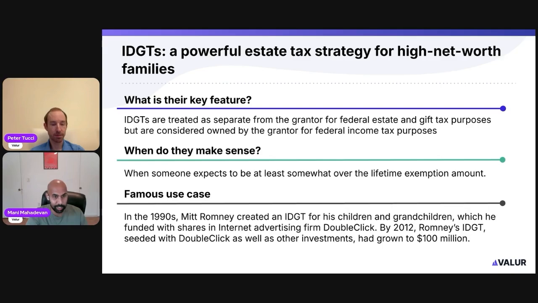And I'm sure everyone here knows who Mitt Romney is, and knows he's a very sharp and well-resourced person. This is why, again, it's probably the most commonly used trust structure for this. Mitt Romney used an IDGT for him and his family and his future heirs. We're not going to go super deep into the detail, but this is what people do when they're trying to mitigate estate taxes and are significantly over the lifetime gift exemption, or their estate exemption.